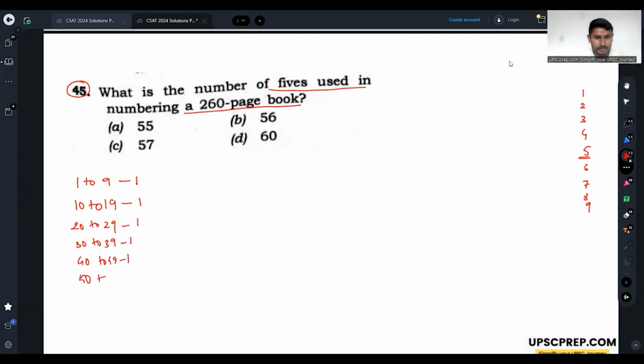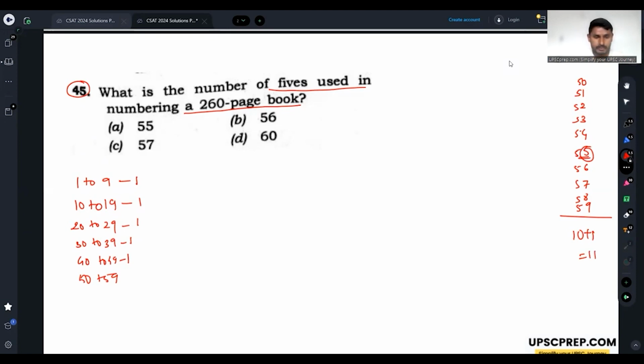But from 50 to 59, how many times will it be used? Let's see now, this is 50, 51, 52, 53, 54, 55, 56, 57, 58, 59, right? So if I count the 5 which is available at the tens place, it is 10 times, plus this 5 extra, 10 plus 1, 11 times.